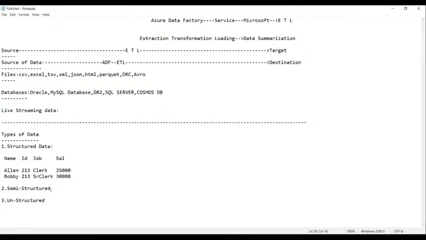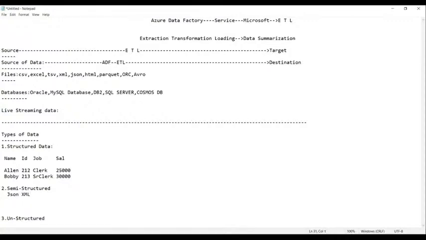Now the next is semi-structured data. What is semi-structured data? Data which is not properly structured but is still not unstructured, as it still has some structure. Such data is semi-structured data, such as data kept and recorded in the form of JSON files and XML files.